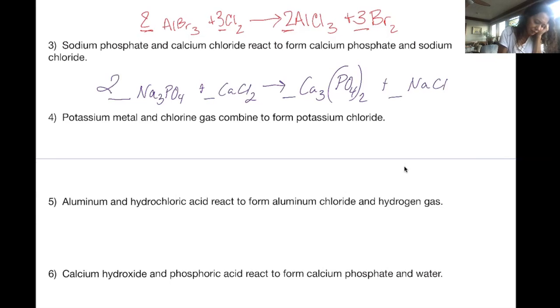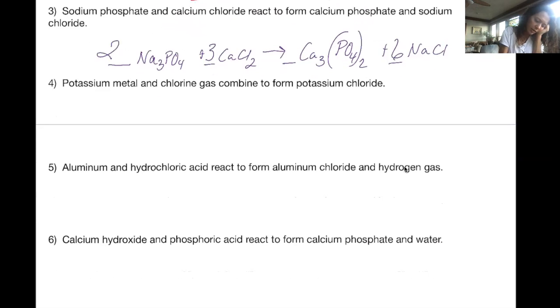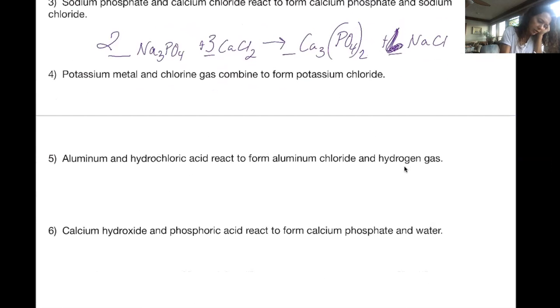2, 3, 6. Okay, that's what you should have. If you don't understand, you can ask, why is that balanced? Try to figure it out, all right? Okay, let's do this again. Potassium metal. Okay, you do it, come back. Potassium, is it diatomic?